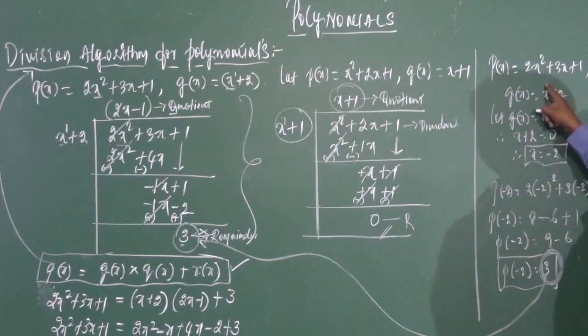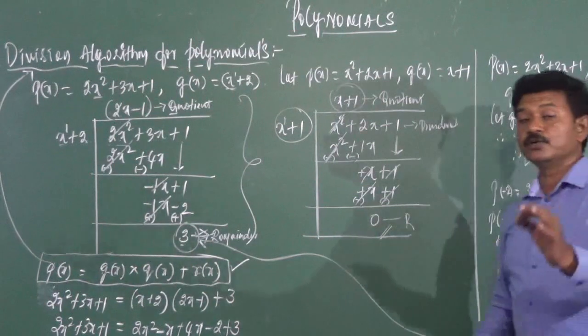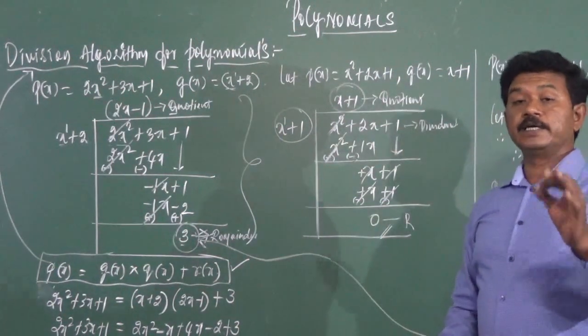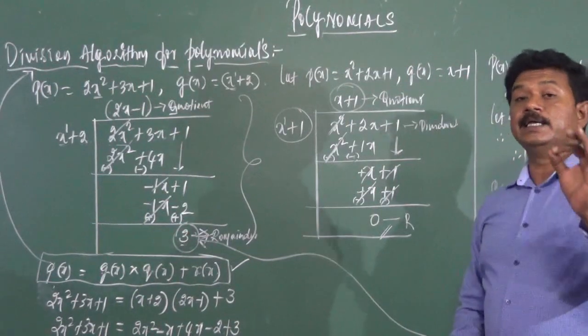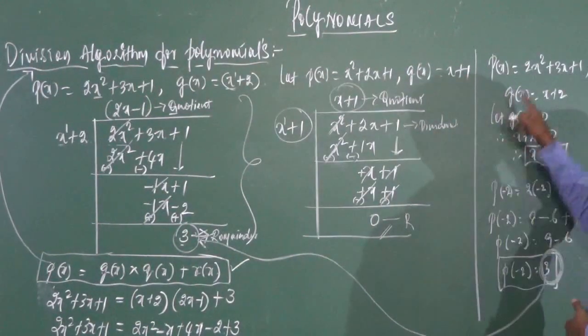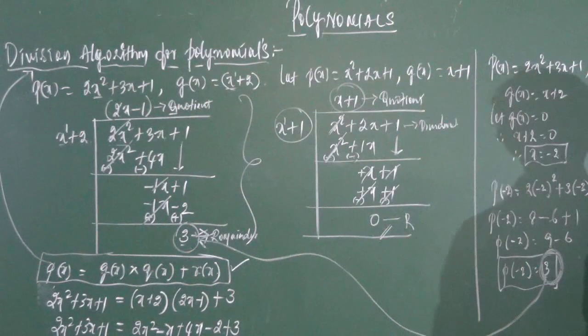Here we use the concept of the zero of a polynomial when it is divided by a linear polynomial. We will find the zero of the linear polynomial and substitute that value into the polynomial. The value we get is the remainder when this divides this.